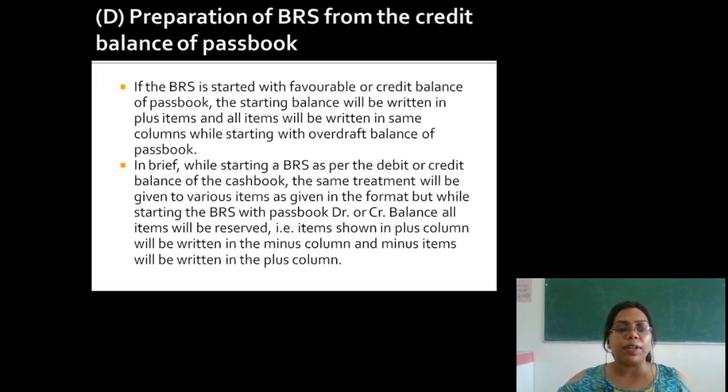In brief, while starting a BRS as per debit or credit balance of cash book, the same treatment will be given to various items as given in the format. But while starting the BRS with passbook, debit or credit balance, all the items will be reversed. That is, items shown in the plus column will be written in the minus column and minus items will be written in the plus column.